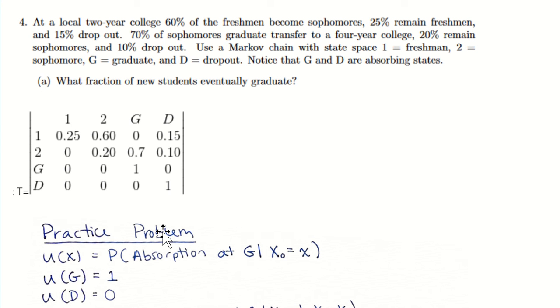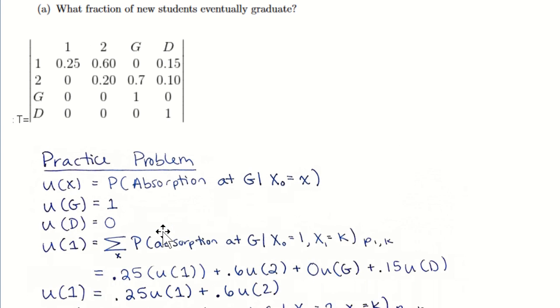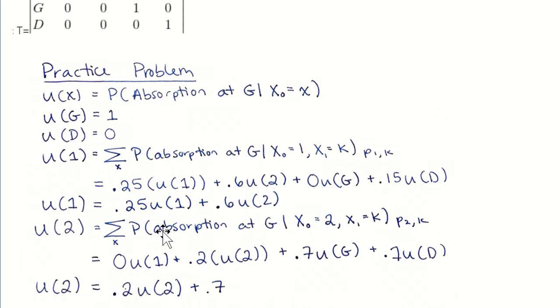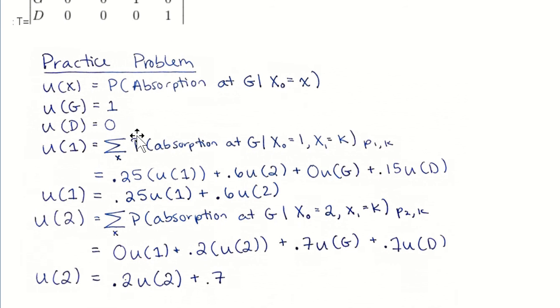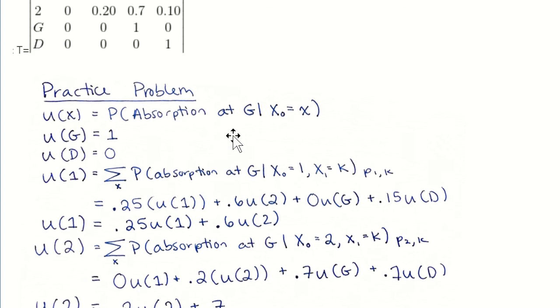Next, we just need to find u1 and u2. That looks like this. So the summation of the probability of absorption at G given x0 equals 1 and x1 equals k, times the probability of going from state 1 to state k. We can plug in the values that we have in our transition matrix to solve for these values.